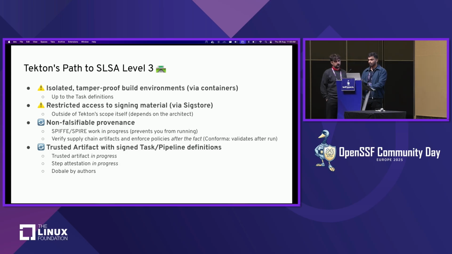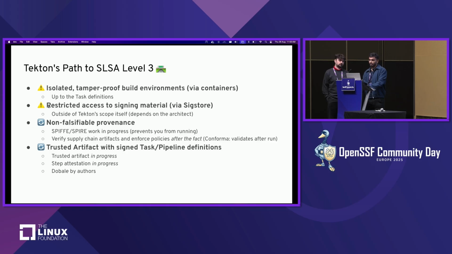Then we saw a little bit of what SLSA level 3 is. SLSA 3 basically says that the build environment needs to be tamper-proof. Now, even if you're doing it with containers, it's possible that someone can tamper with them unless you have good security policies within the cluster itself. OpenShift has these by default, so something like that.